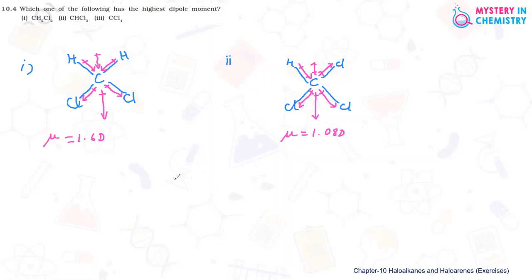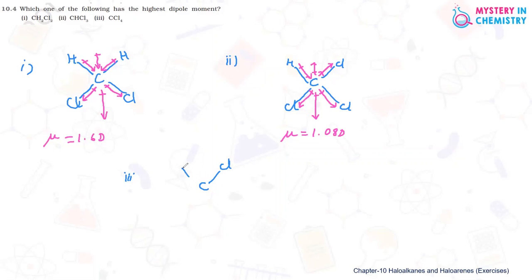So this is the second one, and the third one is slightly different. This is the second one, and the third one is here. It is carbon tetrachloride. So overall, this molecule should be non-polar because all are carbon chlorine bonds.